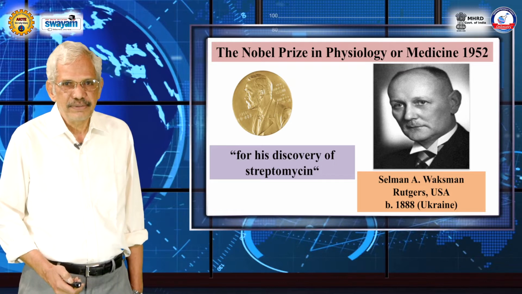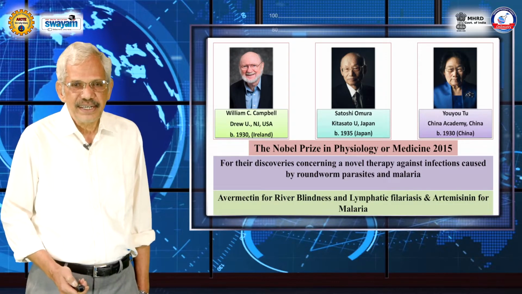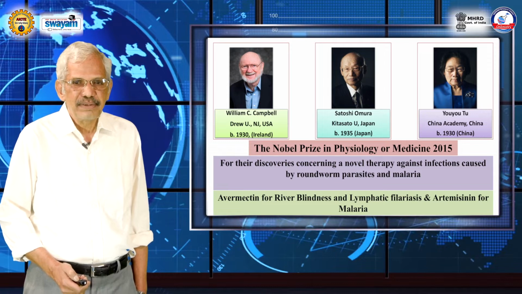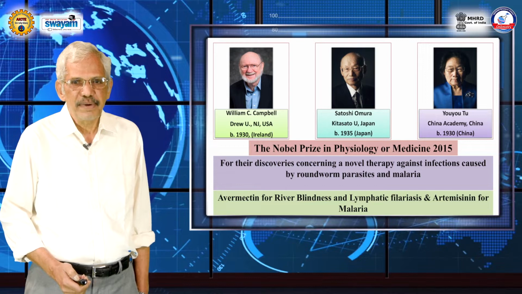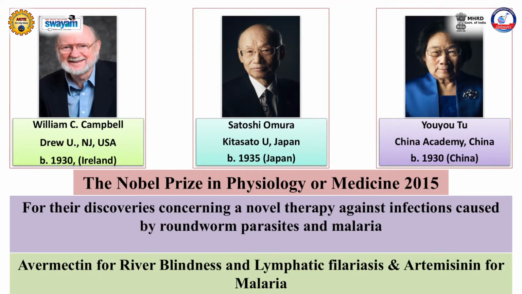That was in 1952, for resistance towards tuberculosis. Then more recently, all of you are aware, malaria found a cure in artemisinin from a bark, and Tu Youyou is the Nobel laureate who made it happen, and similarly for ivermectin as well as artemisinin. Both these were awarded the Nobel in 2015.